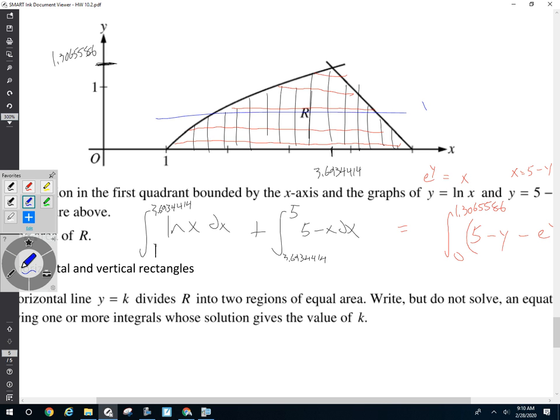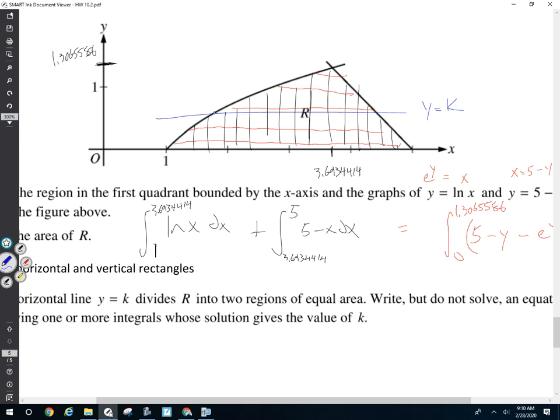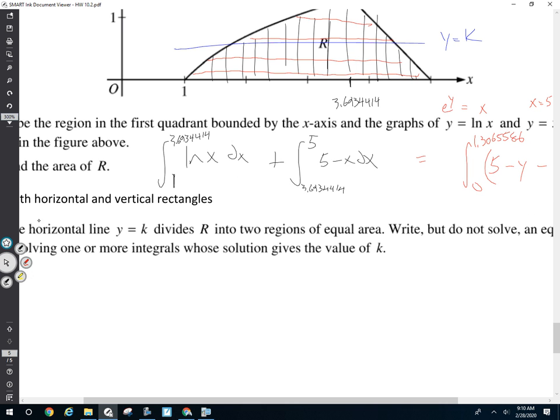There's y equals k. The area below it. Well, I'm going to use horizontal rectangles easily to represent the area below it, or else I'm going to have to find these crazy intersections at these places. It doesn't really make sense to do that and use vertical rectangles. So from 0 to k of my right minus the left, you could say that equals 1/2 my overall area.